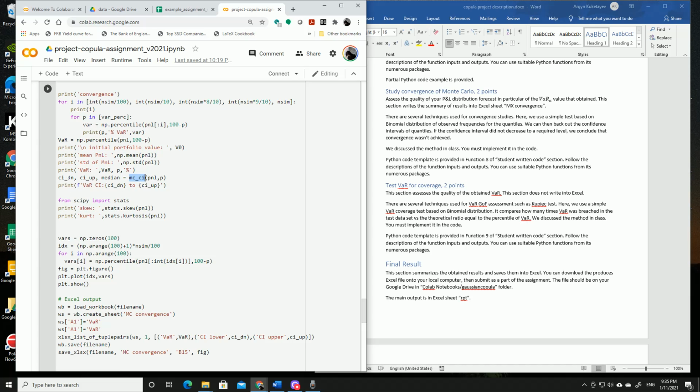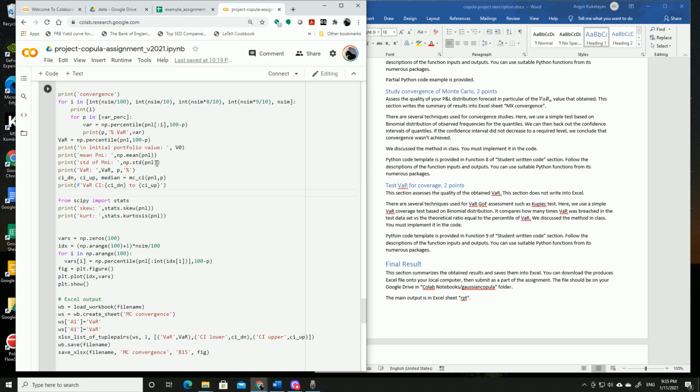So you will have to produce a confidence interval lower and a confidence interval upper. Then we're going to look at the difference between them and compare it to some number. In this assignment we're going to say whether the confidence interval is narrow enough, so we'll see it later. But basically, once you have the confidence interval, we can see whether it's narrow enough, whether your number is converging.